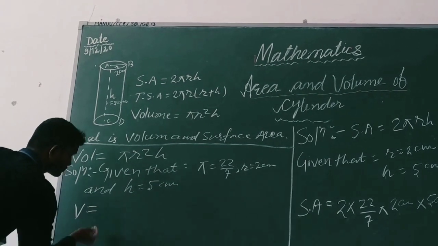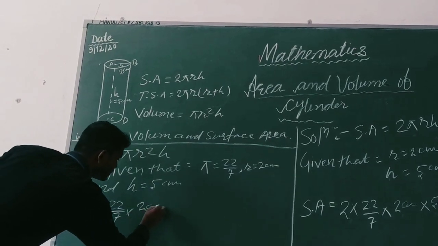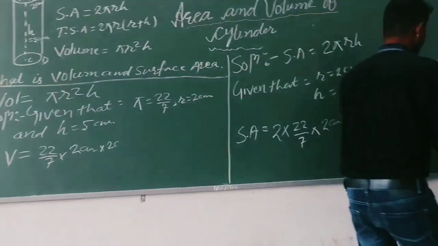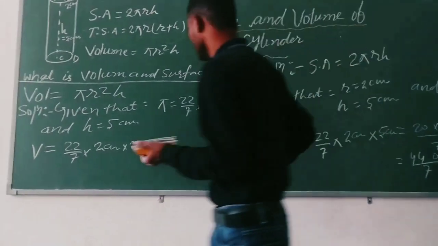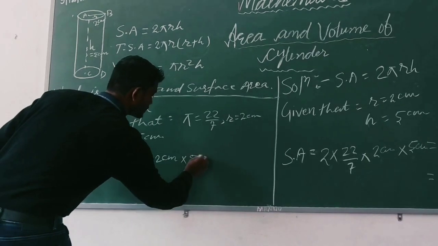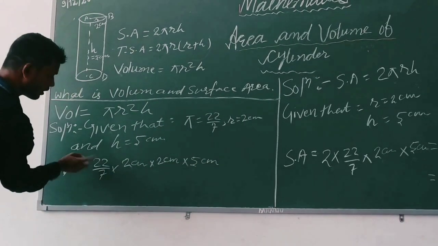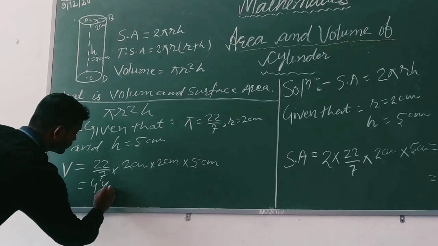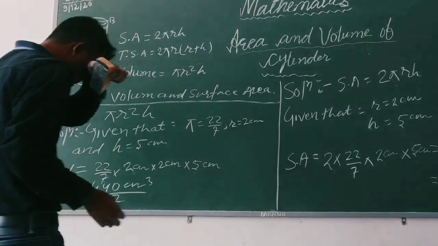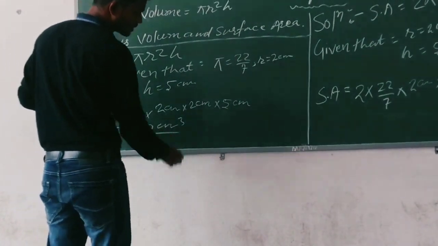Volume equals 22 by 7, r square is 2 centimeter into 2, and this one is 5 centimeter. If we solve it, 2 into 2 is 4, 4 into 5 is 20, into 22 equals 440 upon 7. The volume will be 440 upon 7 centimeter cube.